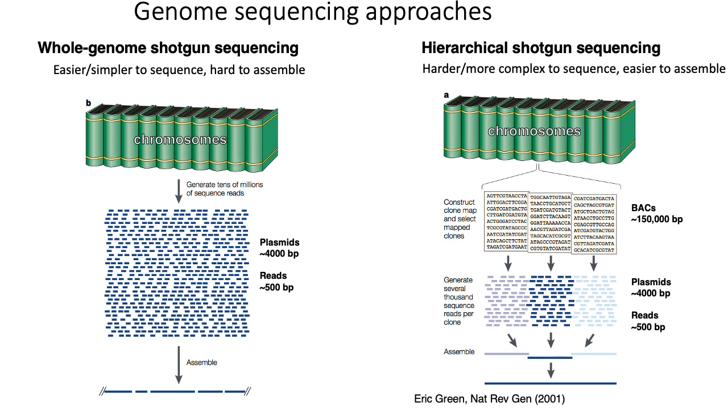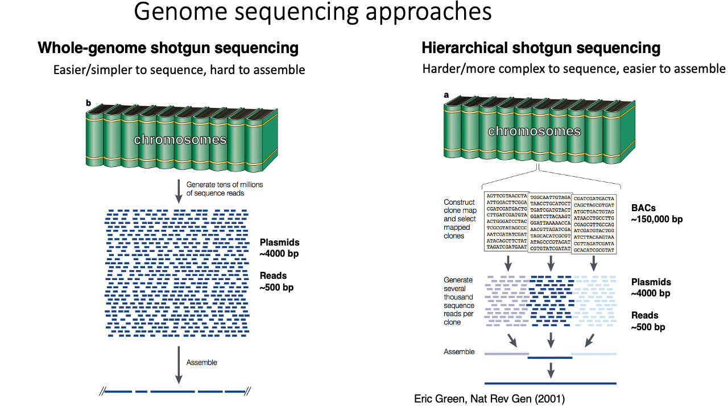For each individual BAC, you then shotgun sequence it, sequence short little fragments, reassemble the individual BACs, and then put the BACs back together. It's called hierarchical because you are dividing the huge genome into smaller pieces, then finally sequencing the smaller pieces and building it back up.